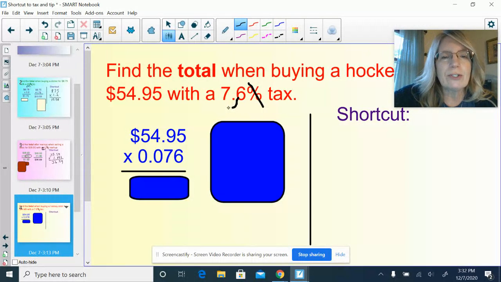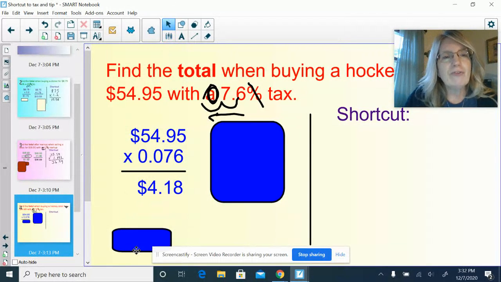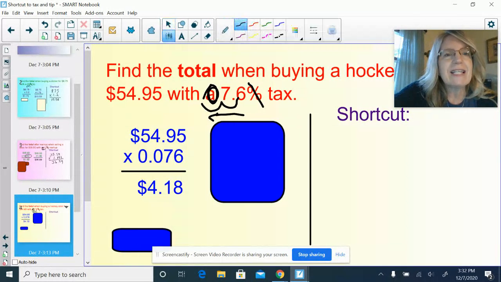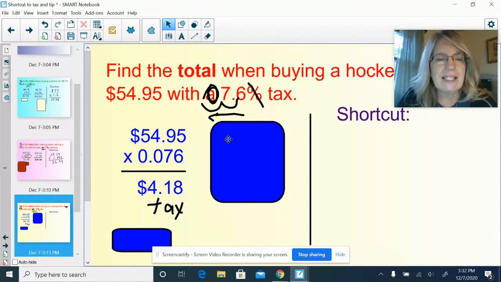Move the decimal 2 places to the left, put a 0 to hold your spot. And now you say $54.95 times the tax, 0.076. That will give us just the tax. So $4.18 for tax.